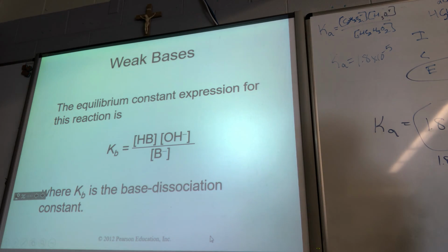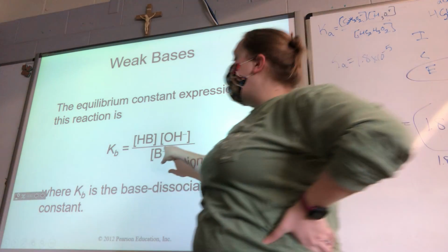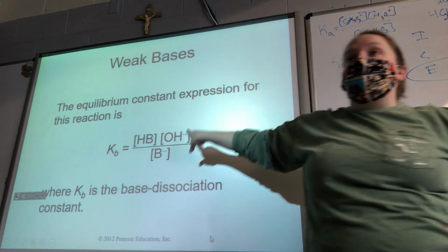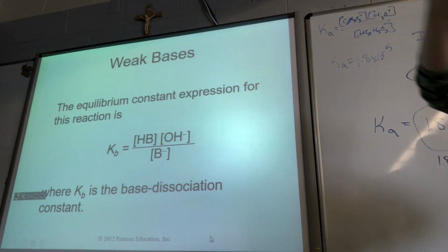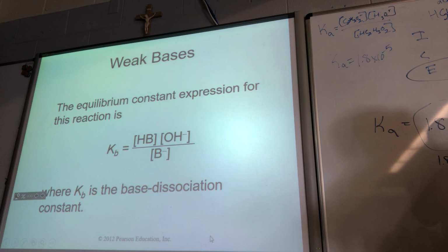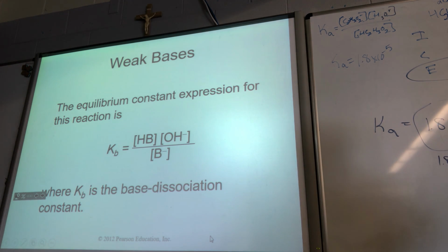Water is going to provide the proton that attaches to this base on the product side, and it's going to leave behind the OH ion. The K expression is now going to be Kb because we're dealing with a base. And a similar idea with Kas is going to apply to Kbs as far as what the numbers mean. The smaller the number, the weaker the base.